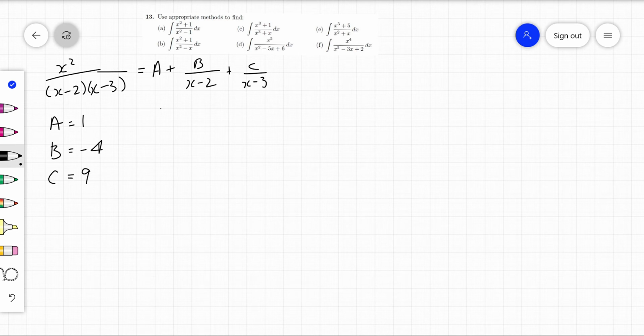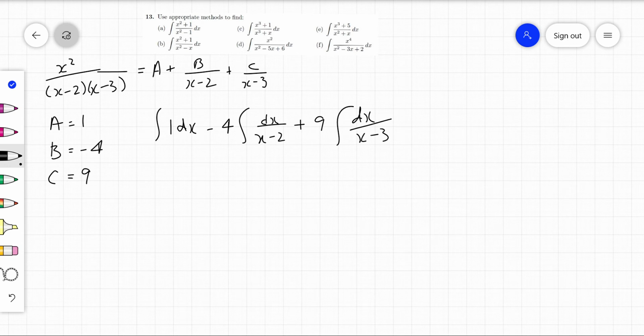So we should get now, that'll be 1 dx. B is minus 4. And C is 9. So we get x minus 4 log of x minus 2 plus 9 log of x minus 3 plus c. Okay, so not too bad.